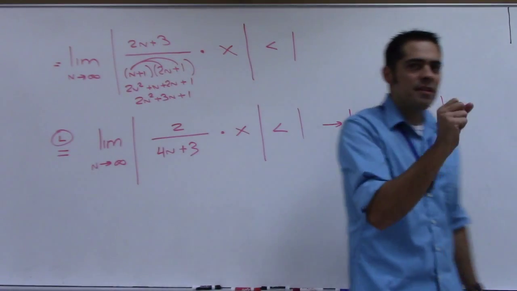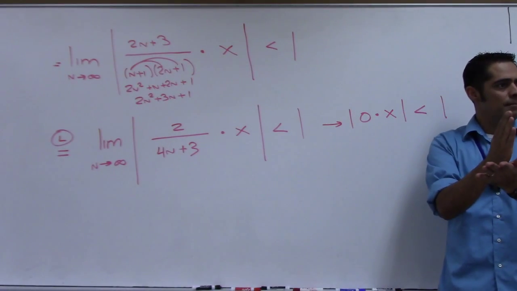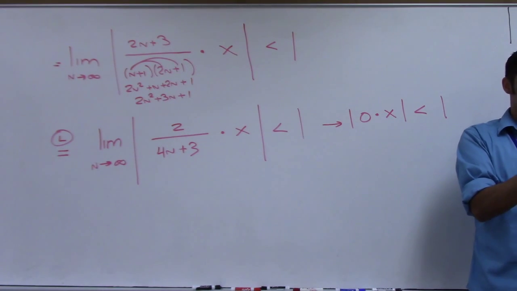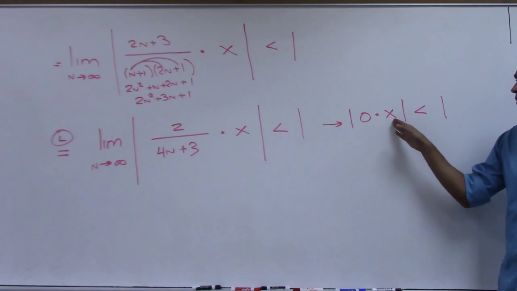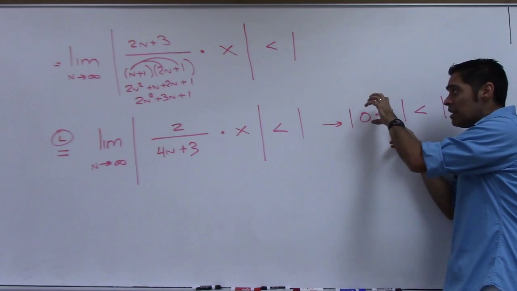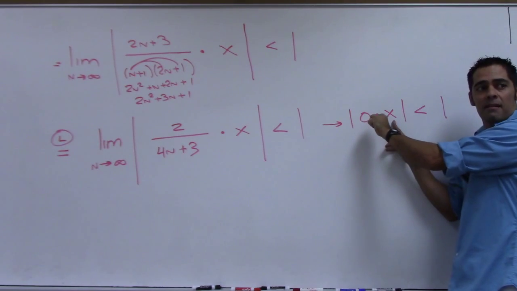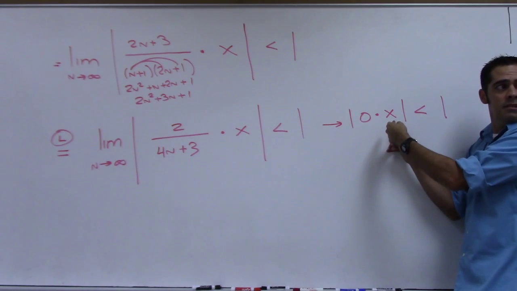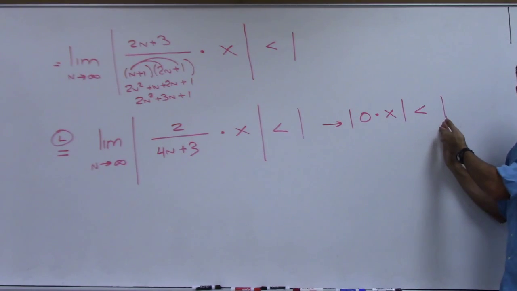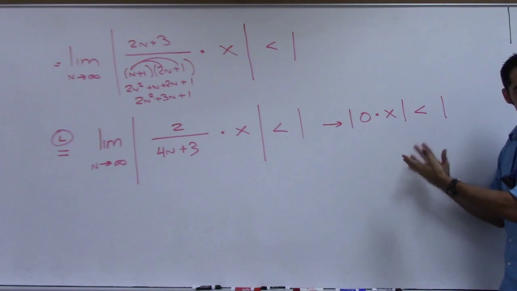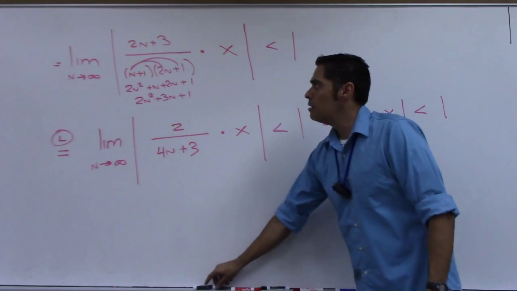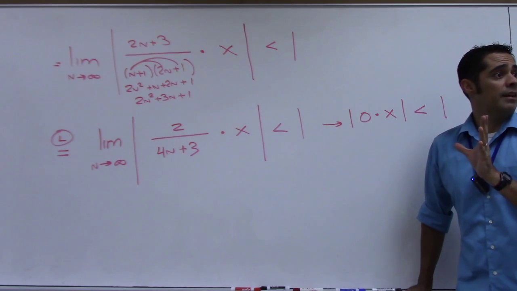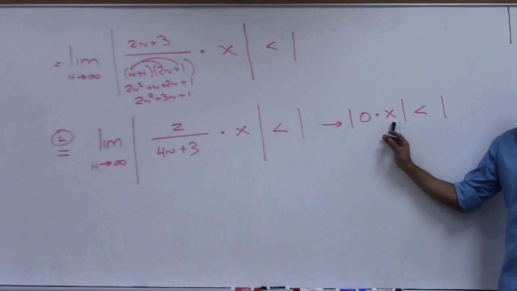Remember I said this in the beginning. You have to fix an x, right? If I fix an x, x is not allowed to move now. If I tell you that's a fixed number, and I'm going to multiply times a number that gets really small, it doesn't matter what x I ever pick. This is eventually going to get small enough to kill off x, isn't it? And make it less than 1. What does this mean? It converges. The question was, for what values of x does it converge? All values of x. It doesn't matter what I plug in for x, right?